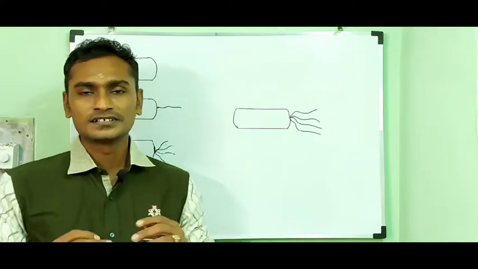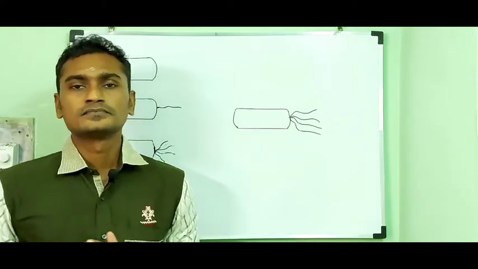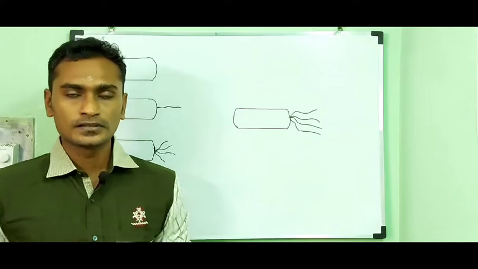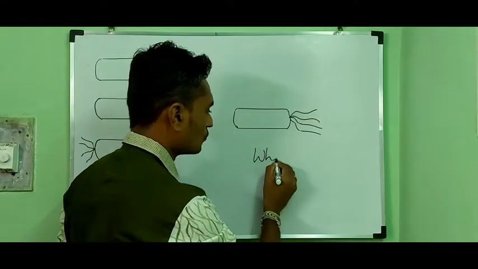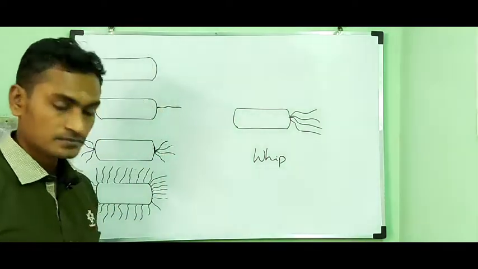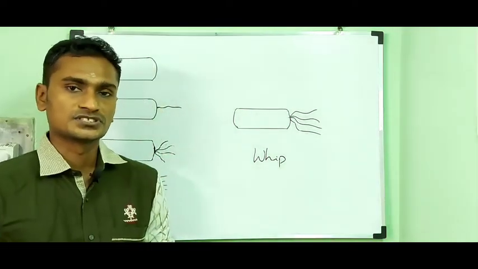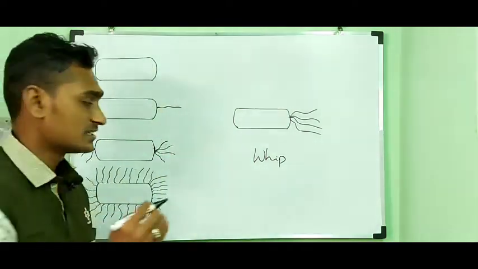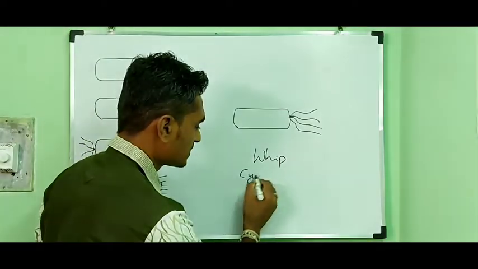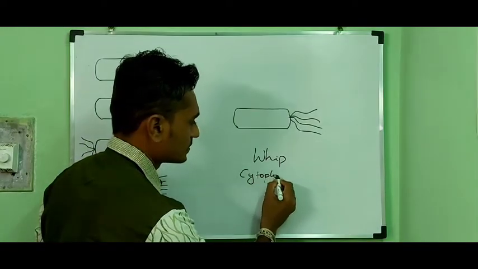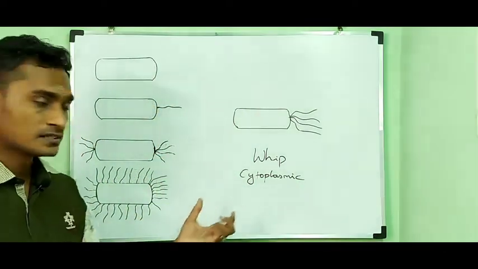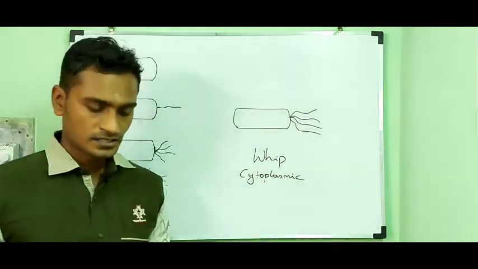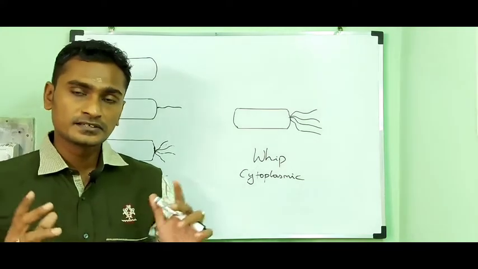Flagella are whip-like organs which are helpful for locomotion. The bacterial flagella are cytoplasmic in origin, and they are helpful in locomotion.